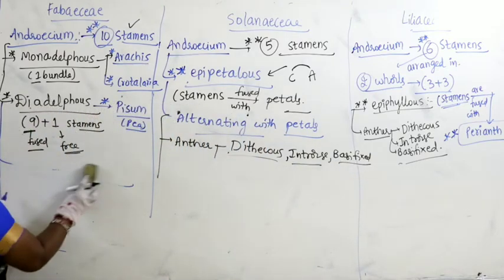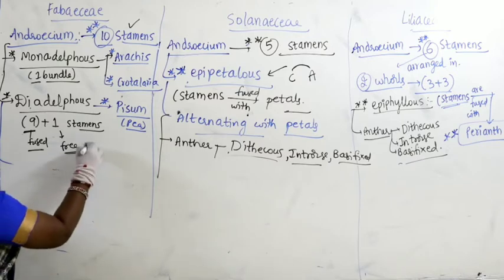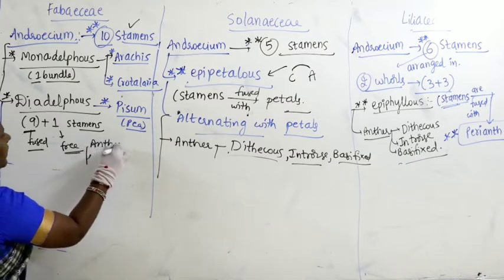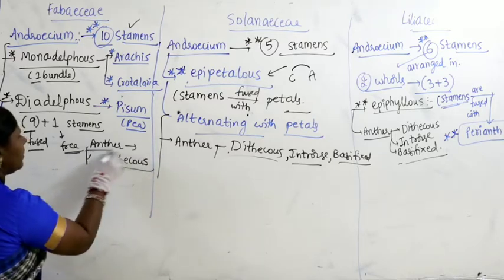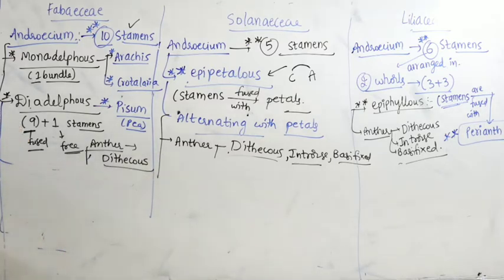Generally we say anther is dithecous. The conditions are very common, right? Because we generally speak about Androecium with introrse, basifixed and dithecous condition.